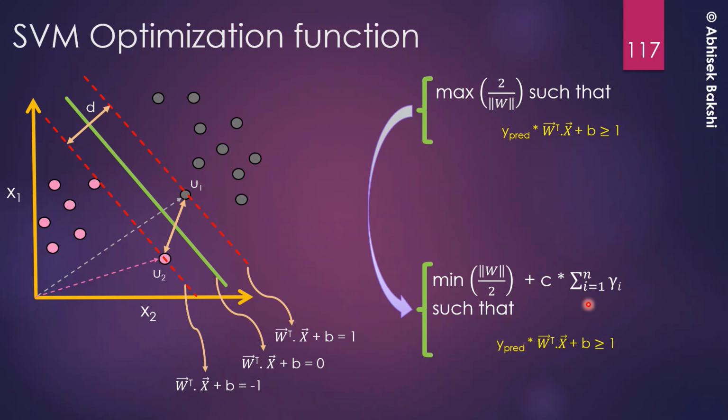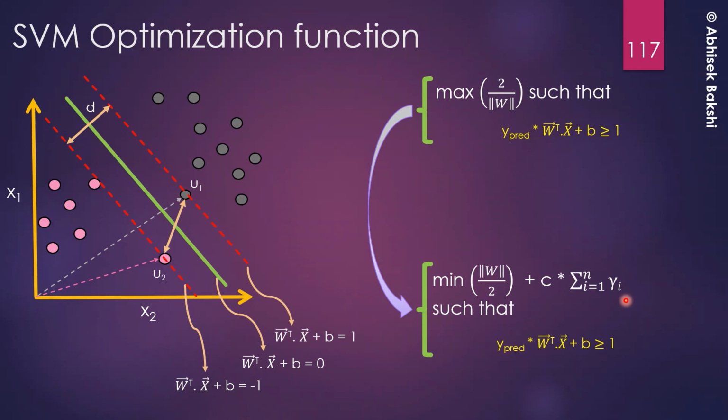But here a new term is added, you can see, right? So maybe the question comes to your mind, what is this? This is what we call a regularization parameter, which is very useful when we have outliers, or you can say, to remove the bias in the learning, so that the learning will not overfit.